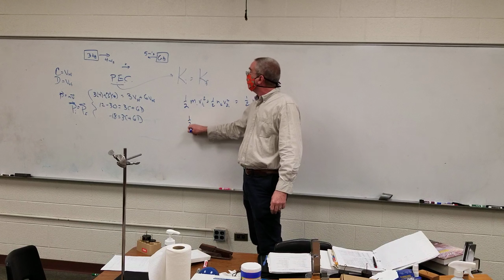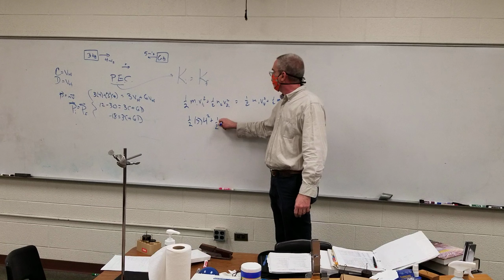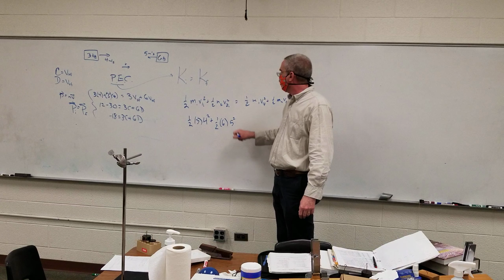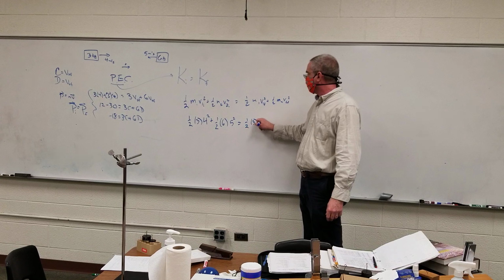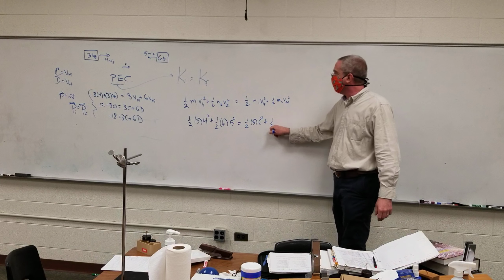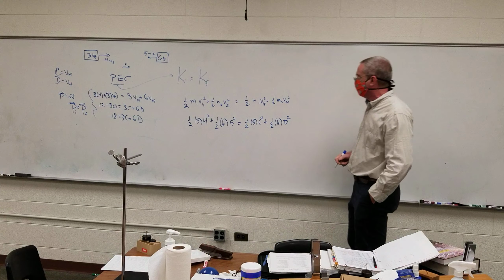So I have 1/2 times 3 times 4 squared plus 1/2 times 6 times 5 squared equals 1/2 times 3 times c squared plus 1/2 times 6 times d squared.